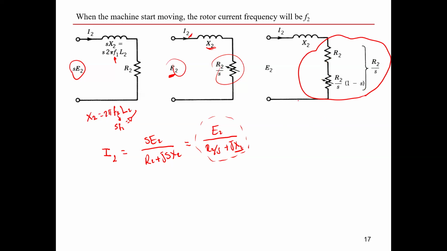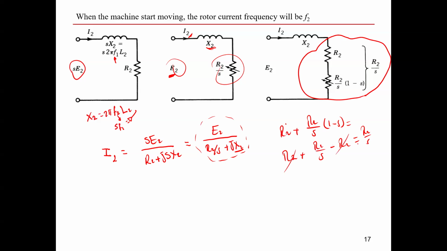If we have these two elements in series, R2 plus R2 divided by S times (1 minus S), this equals R2 plus R2 divided by S minus R2 times S divided by S, which is R2. So this will lead to the same term R2 divided by S.